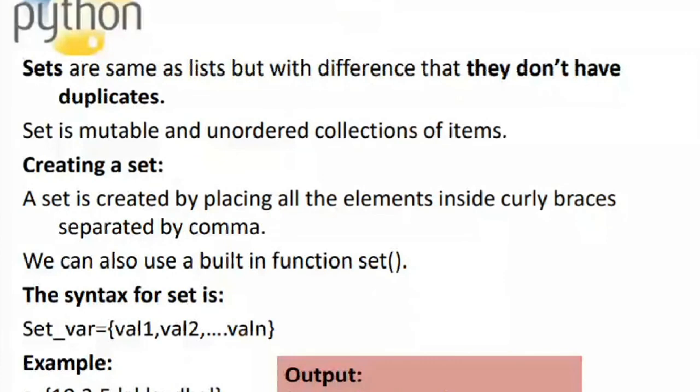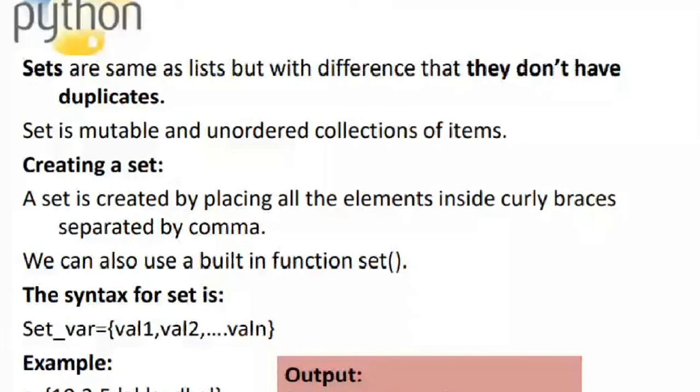So sets are the same as lists, but they don't have duplicates. And a set is mutable. What does mutable mean? Mutable means that you can change the values of a set. Because sets are the same as lists, maximum of the operations that you perform on a list you can perform on sets, but the difference is that it doesn't have duplicates. And it is an unordered collection of items.